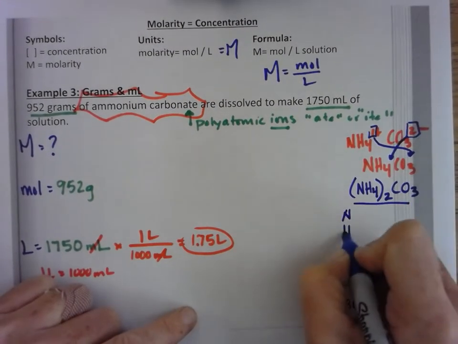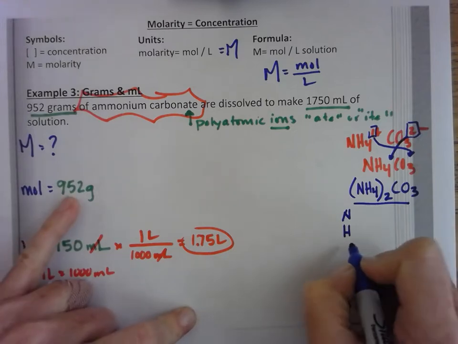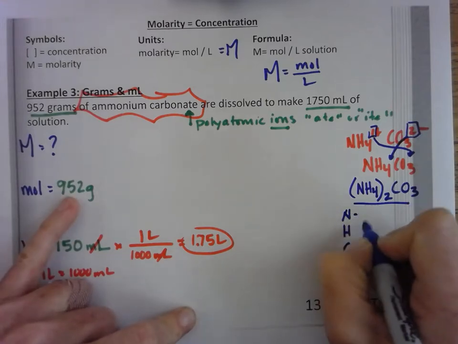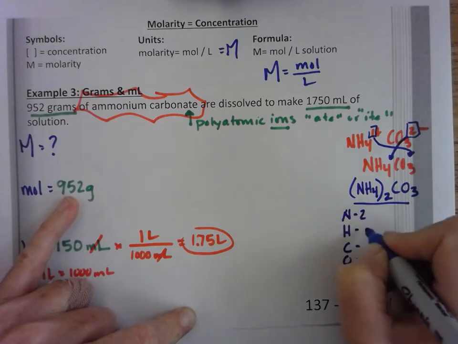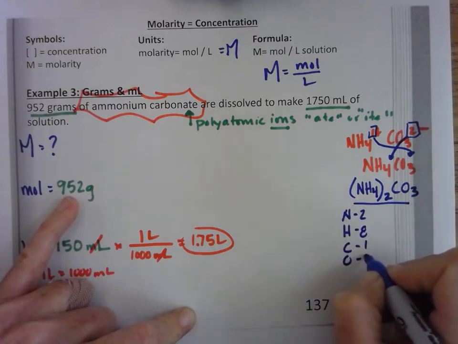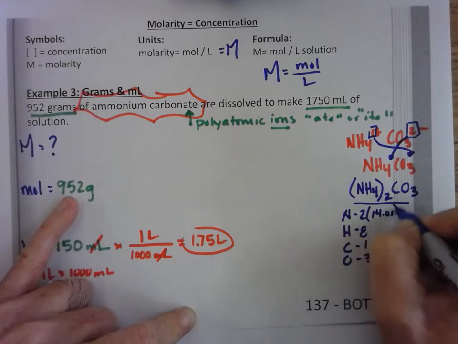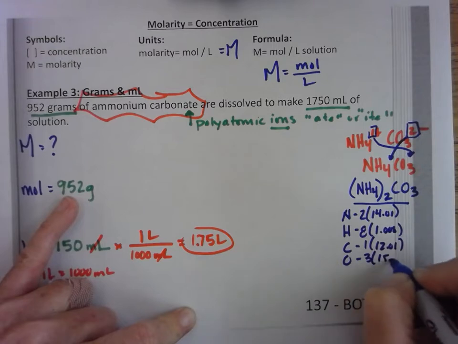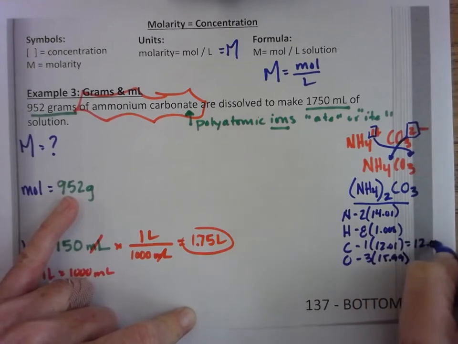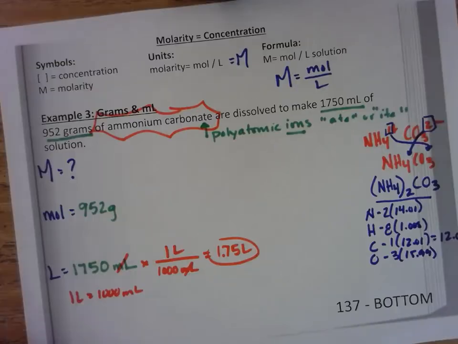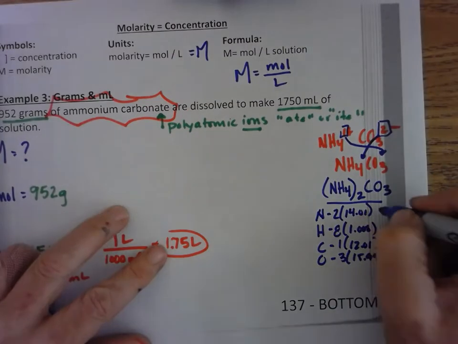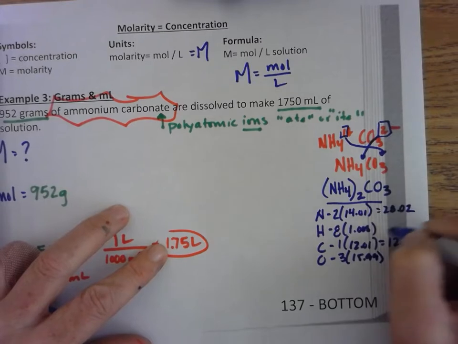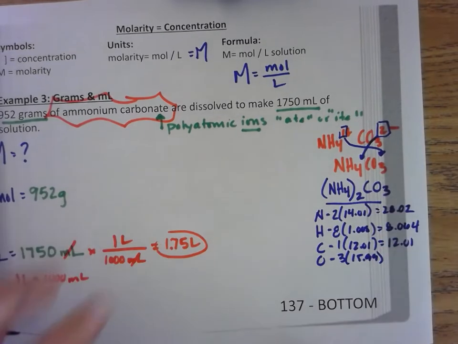Now we need the molar mass of this because I've got to get it out of grams. Right. I have 2 of these. I multiply. I have 8. I have 1 and I have 3. 14.01, 1.008, 12.01, 15.99. This one I know. This one I know too. I'm pretty sure about that one. 96.09.